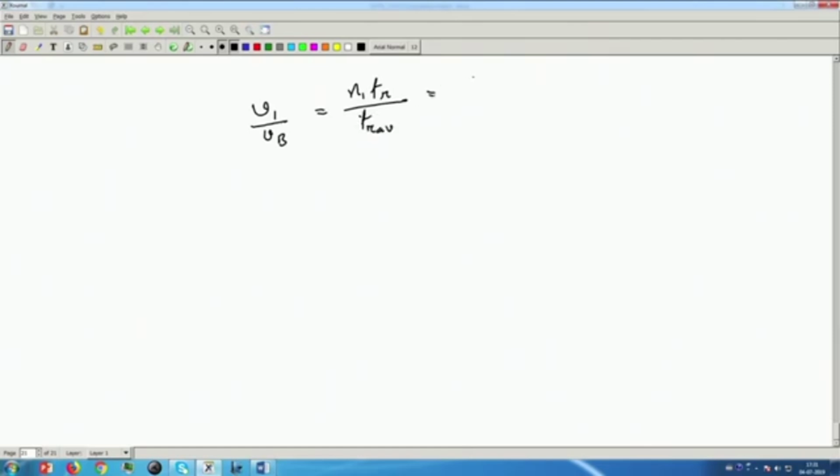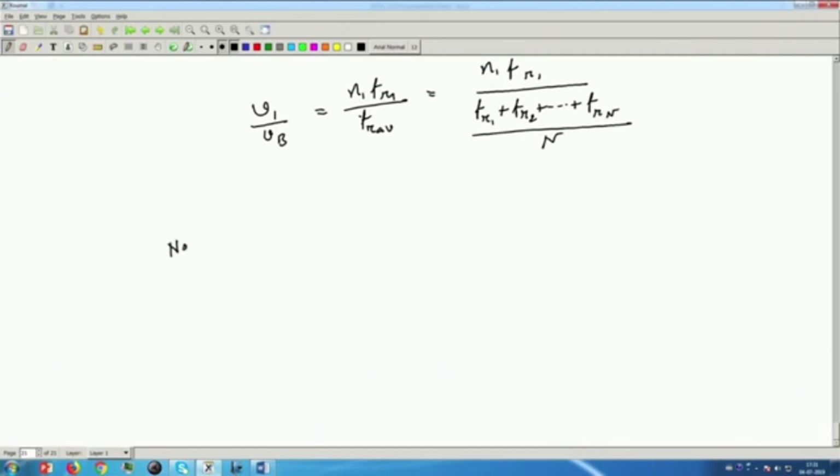So, that is n 1 F r 1 by F r average, which is nothing but F r 1 plus F r 2 plus F r n by n.